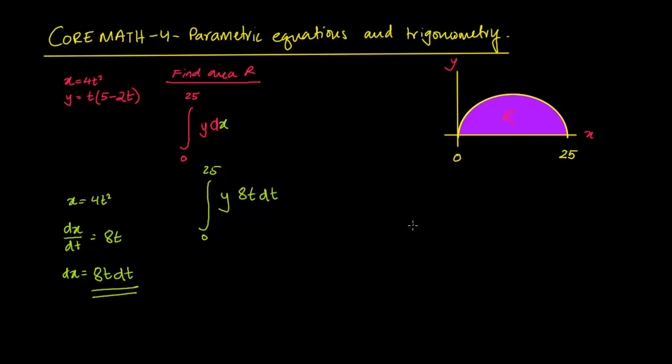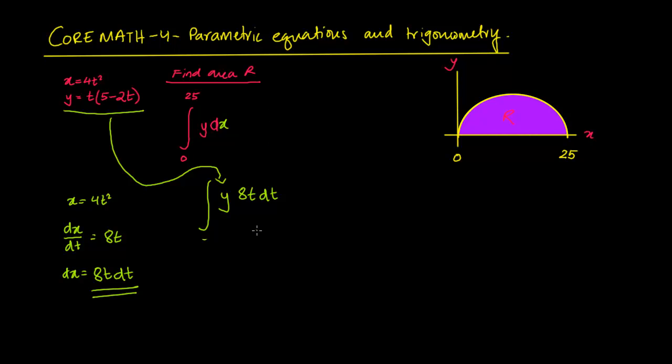The first thing we're going to do is just find the integral. We're not going to come to exact values right about now. Now we just put the parametric version of y into here.